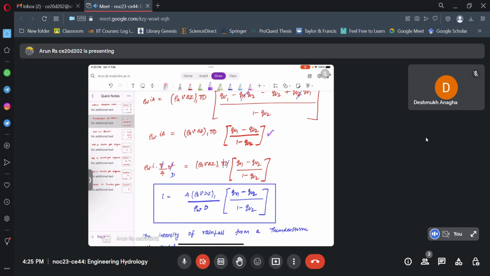Here we have another area. This area represents the cross-sectional area through which the moist air is entering the system. That is, if we have a cloud base like this, our air is entering through this particular cross-sectional area, and this cross-sectional area is the area of the circle, pi d square by 4, where d is the diameter of the cloud base.